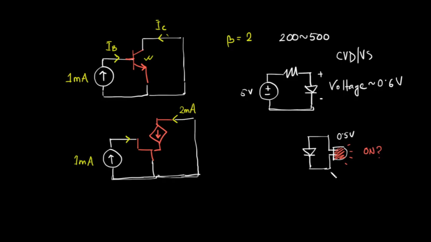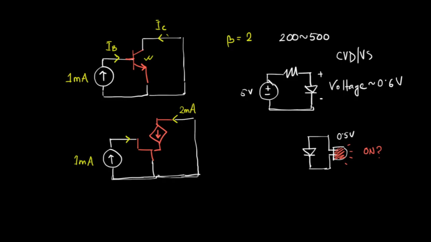Well, no. Why? Because a diode has a voltage drop of 0.6 volt across it only if current is flowing through the diode. And the current that is flowing through the diode is not produced by the diode itself.